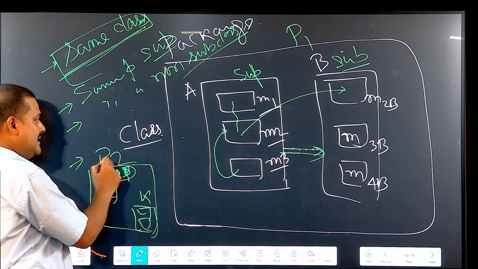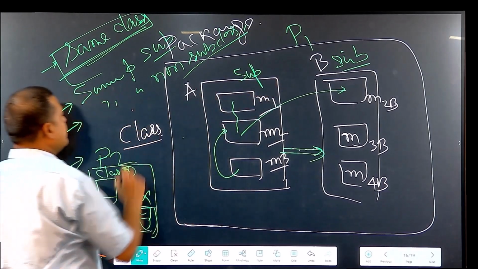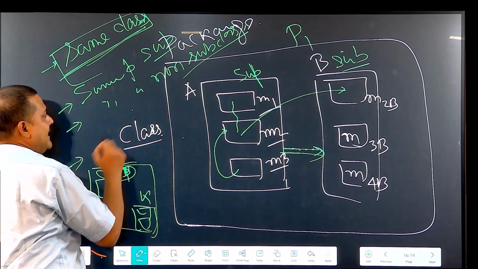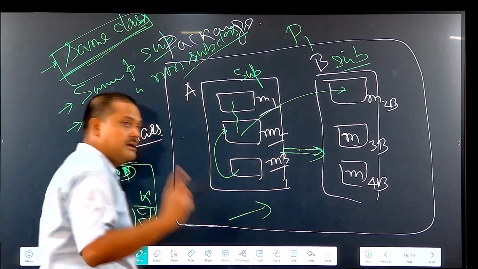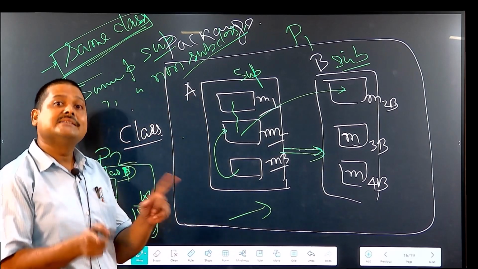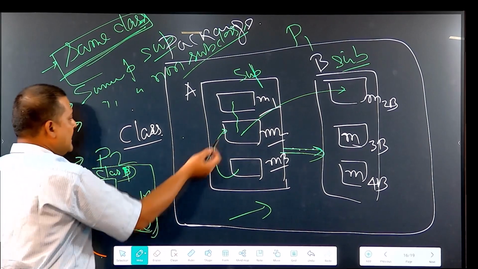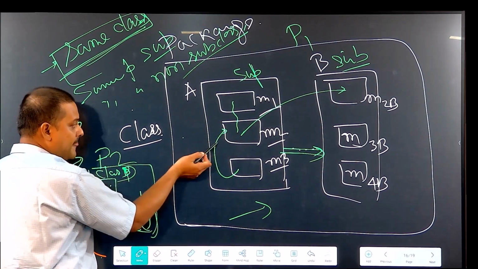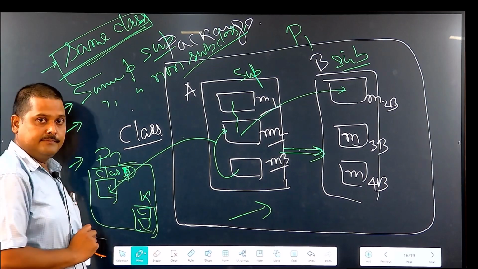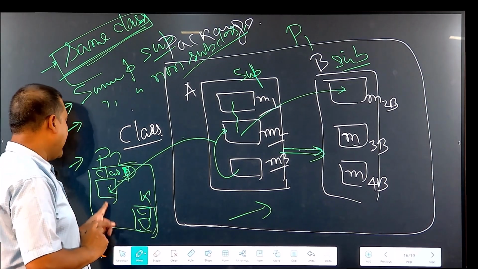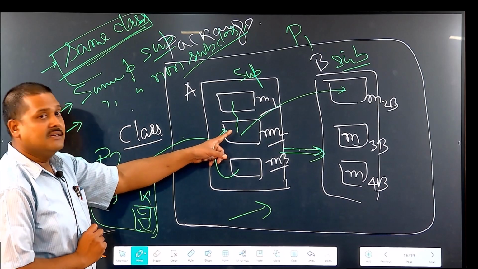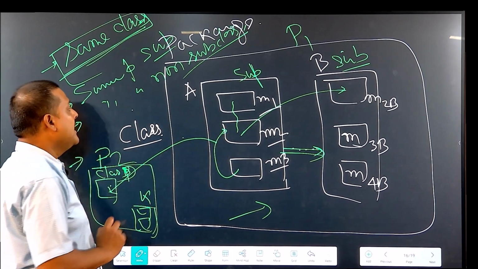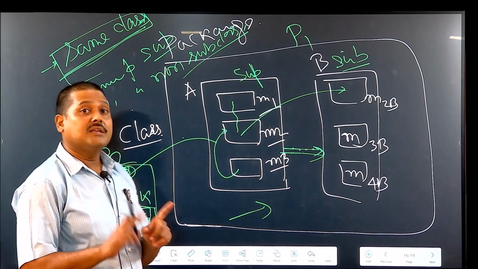This is also a package. So this scenario can be other package subclass. That means this class is inheriting the class A. It is in the other package, but it is inheriting. And also there can be other package non subclass.